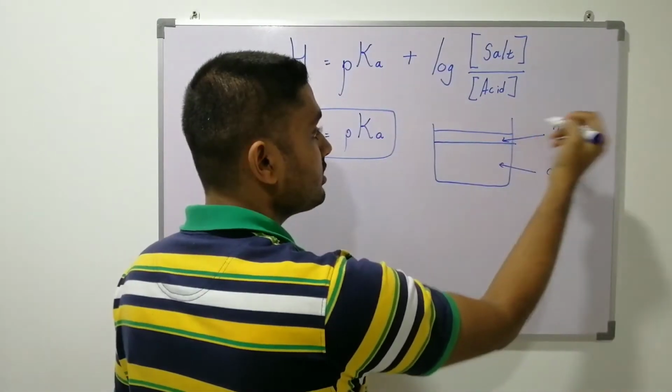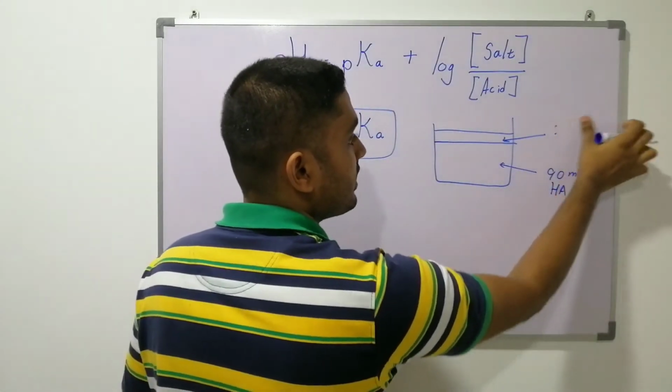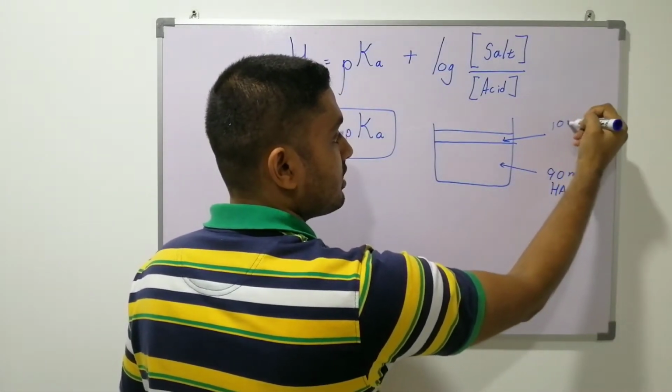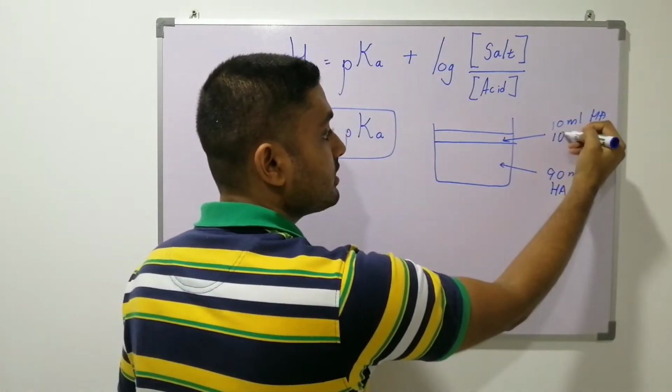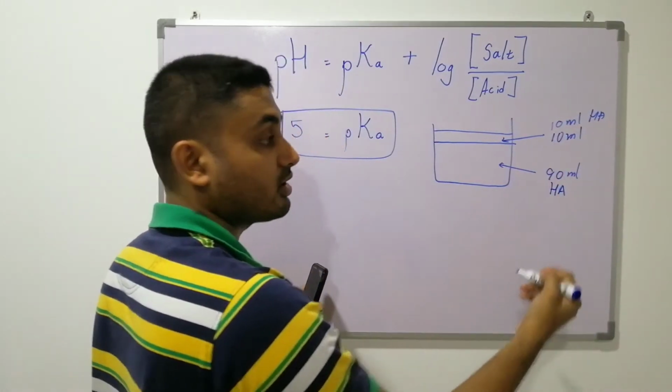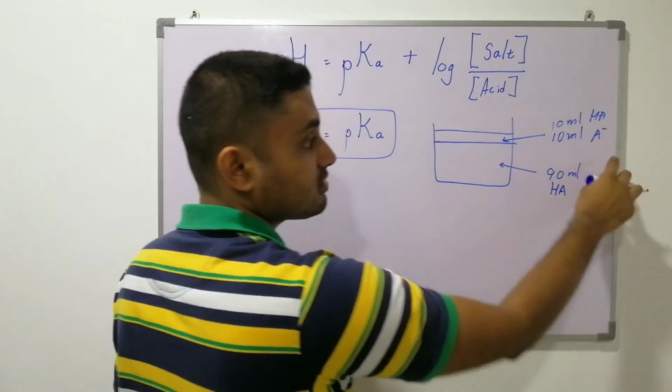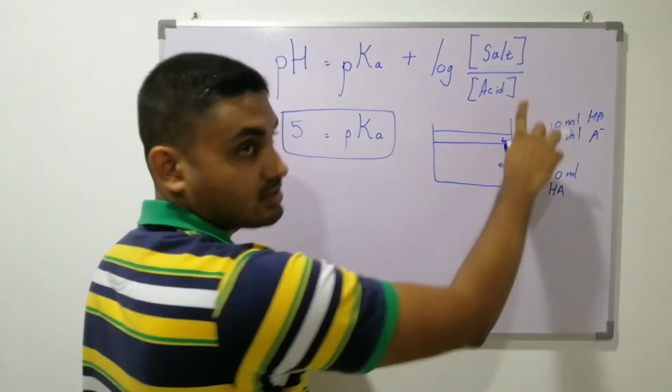So here you have 10 milliliters of HA and 10 milliliters of A minus. A minus is the salt, HA is the acid.